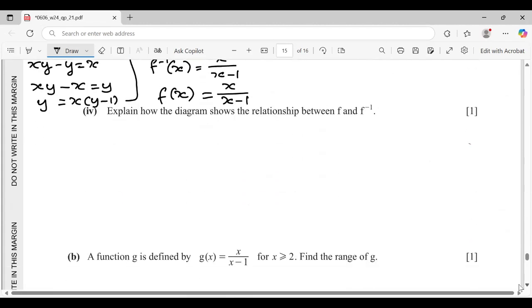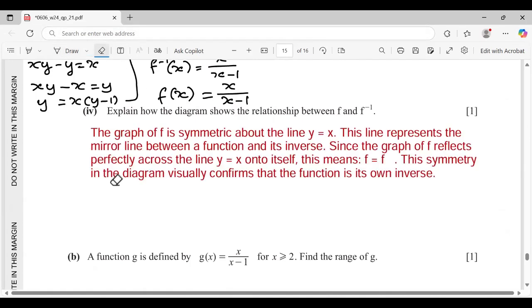Next question: explain how the diagram shows the relationship between f and f inverse. I have provided my explanation for this. This is the case if f equals f inverse.